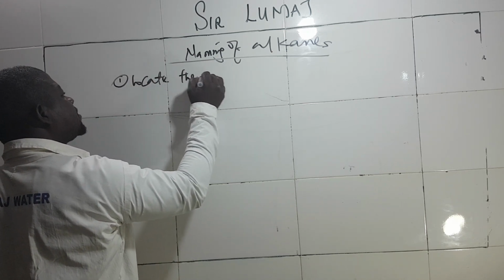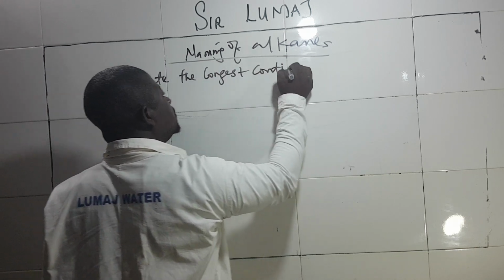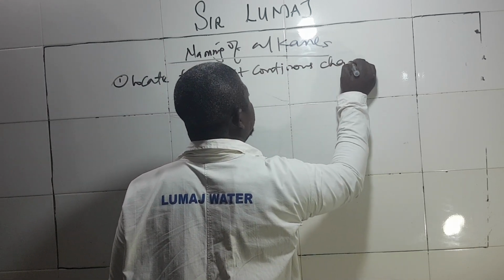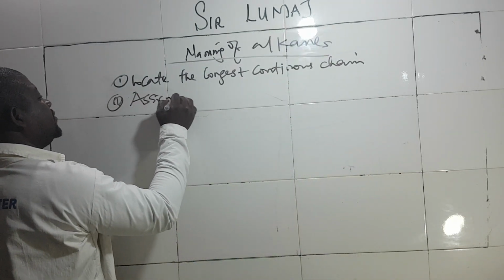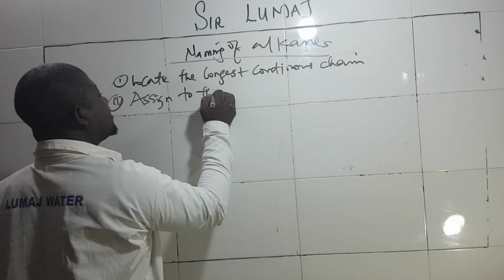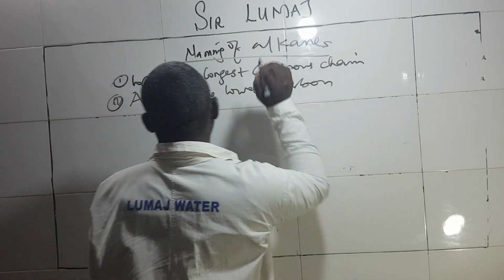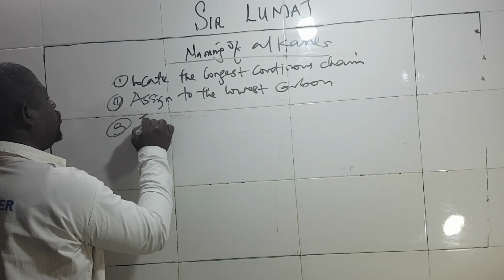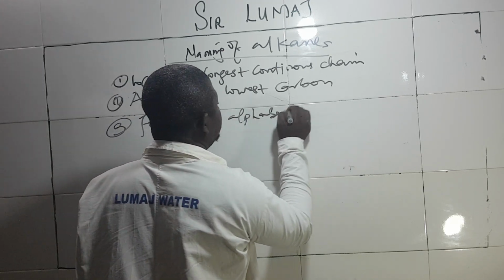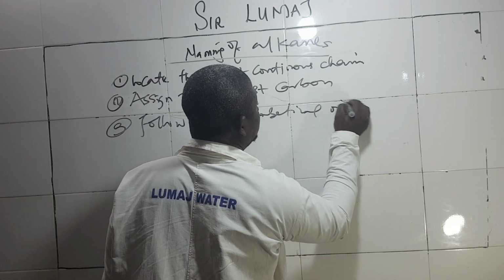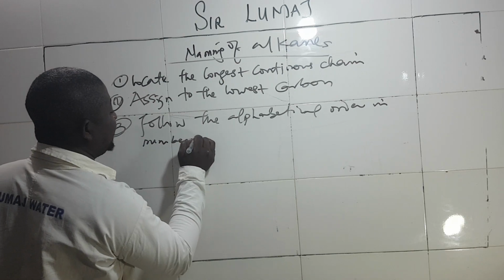Then two, you assign numbers to the lowest carbon atom. Three, follow the alphabetical order in numbering. I'll just give an example to explain all this.